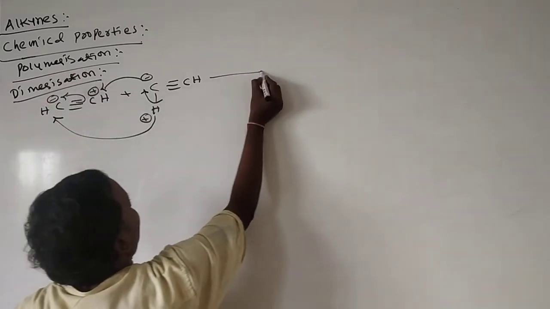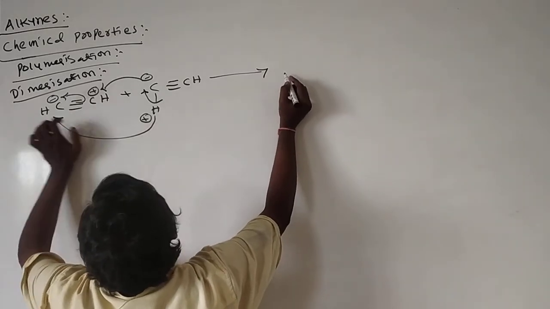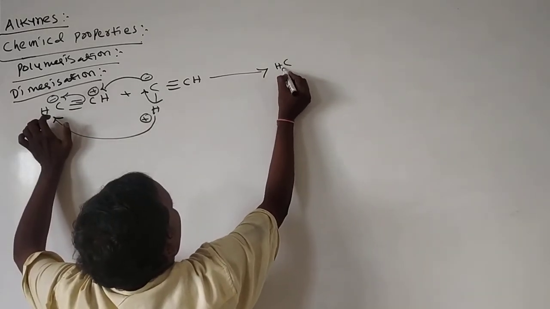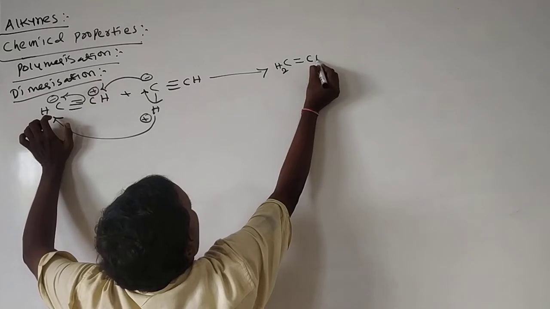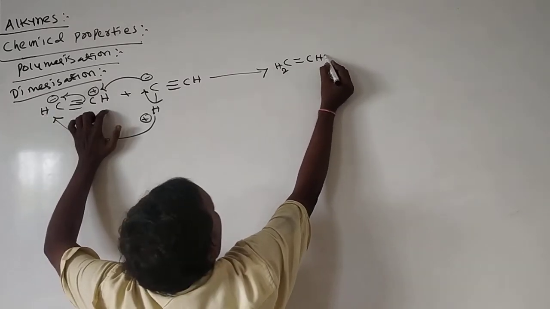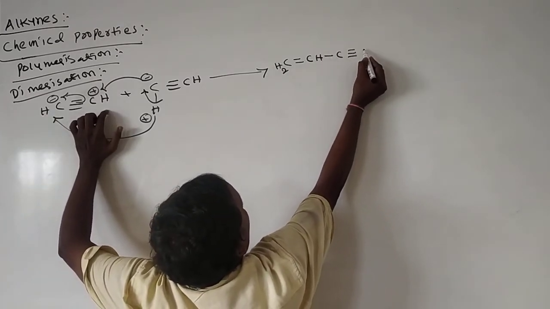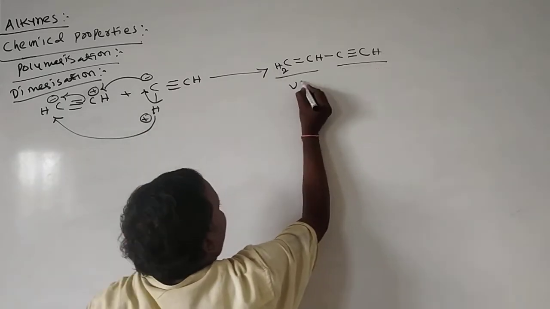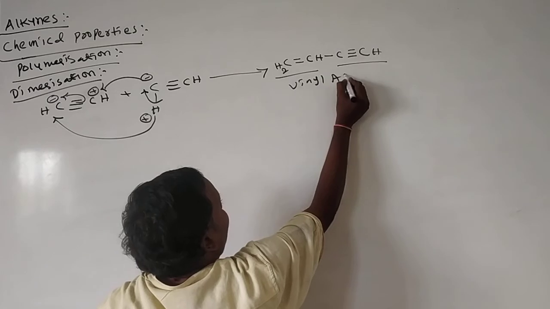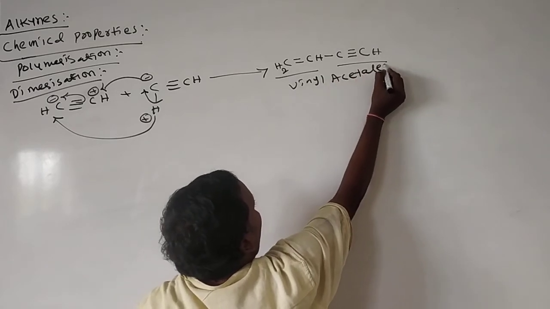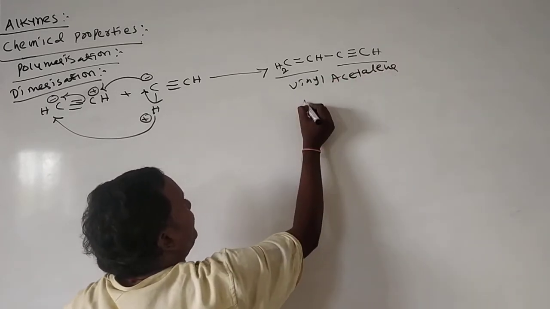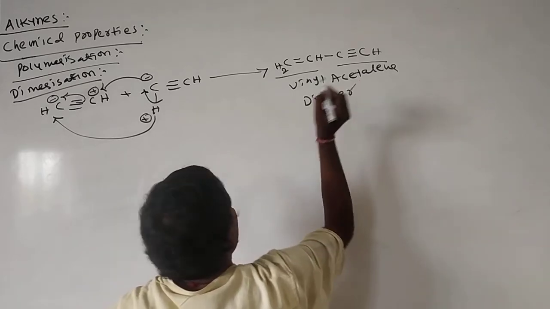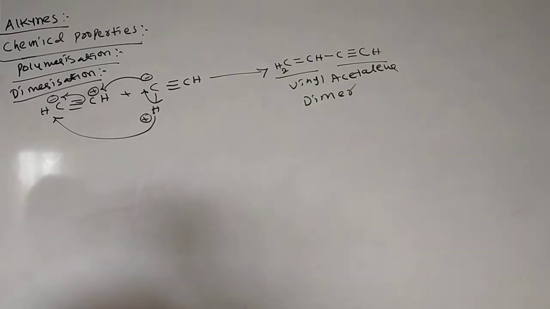See what happens. Now we get CH2 double bond CH, C triple bond CH. This is vinyl, this is acetylene, we call vinyl acetylene. This is the dimer. Dimerization.